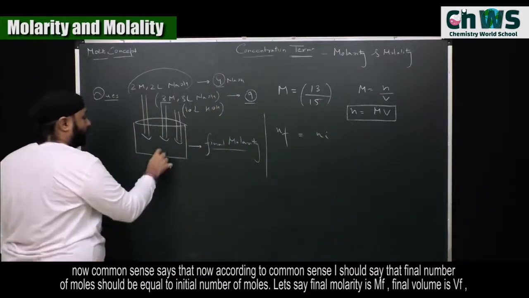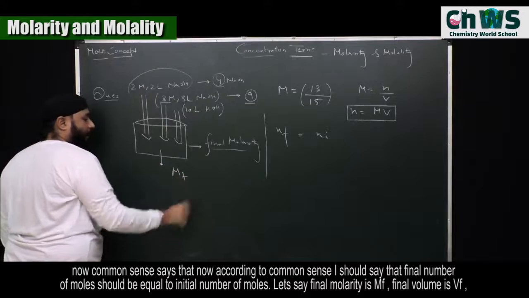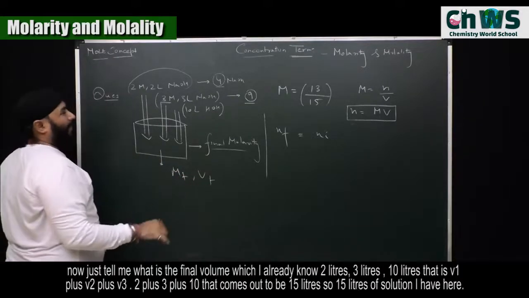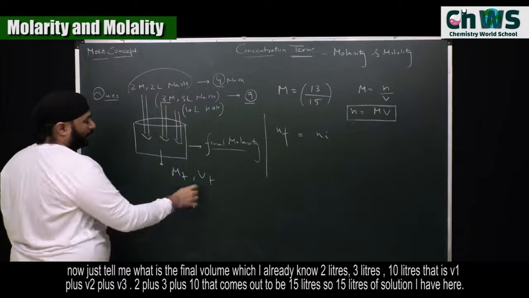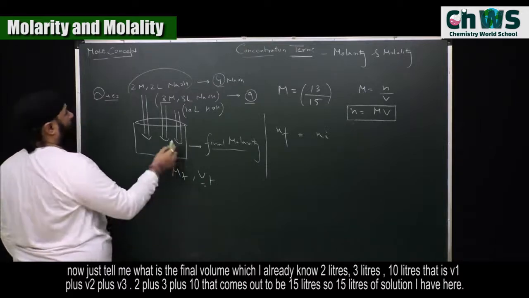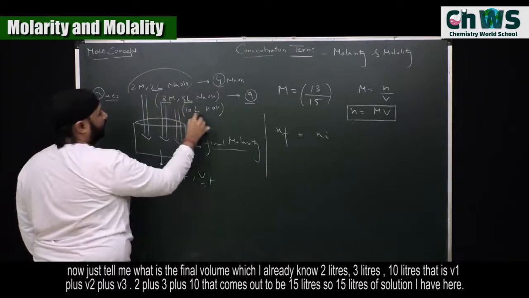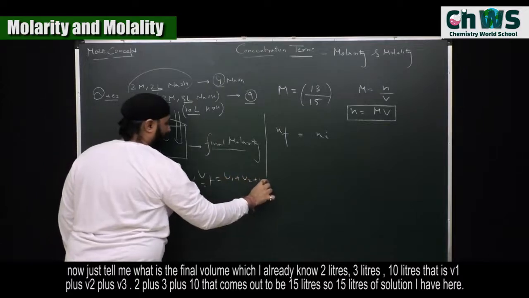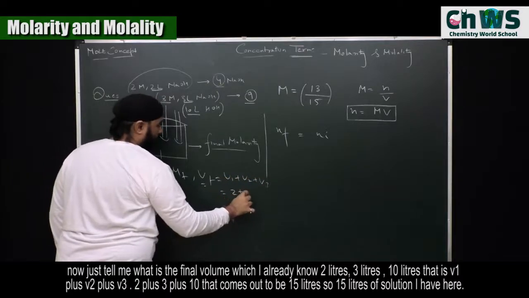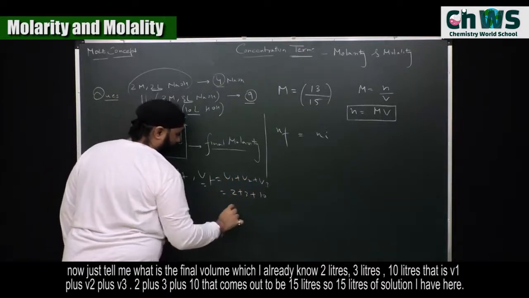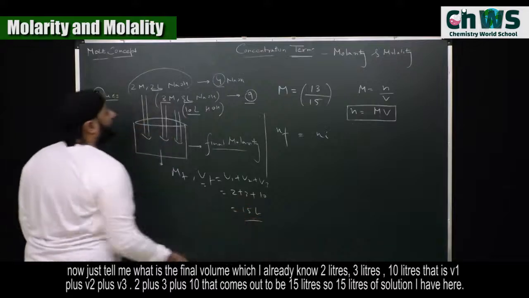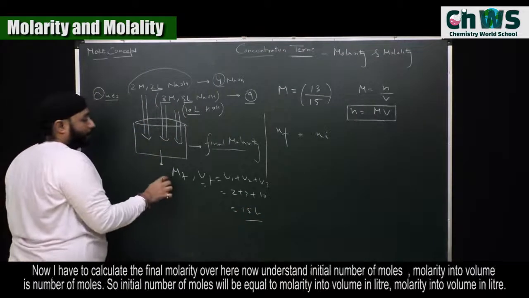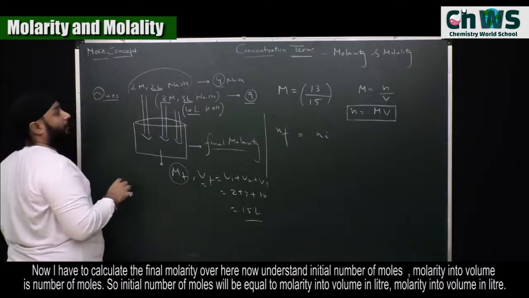Let's say final molarity is MF, final volume is VF, and just tell me, what is the final volume? I already know the final volume over here. 2 liters plus 3 liters plus 10 liters, that is V1 plus V2 plus V3, which comes out to be 15 liters. So I have 15 liters of solution here. I want to calculate the final molarity.